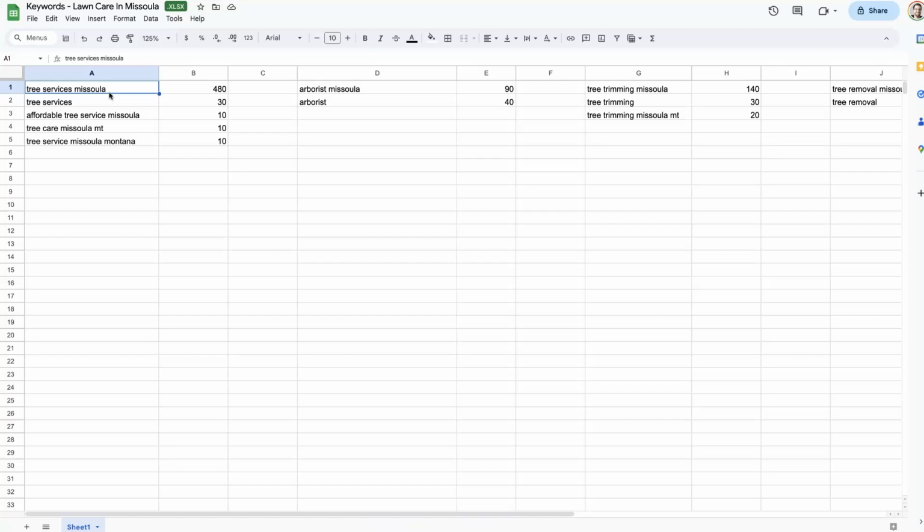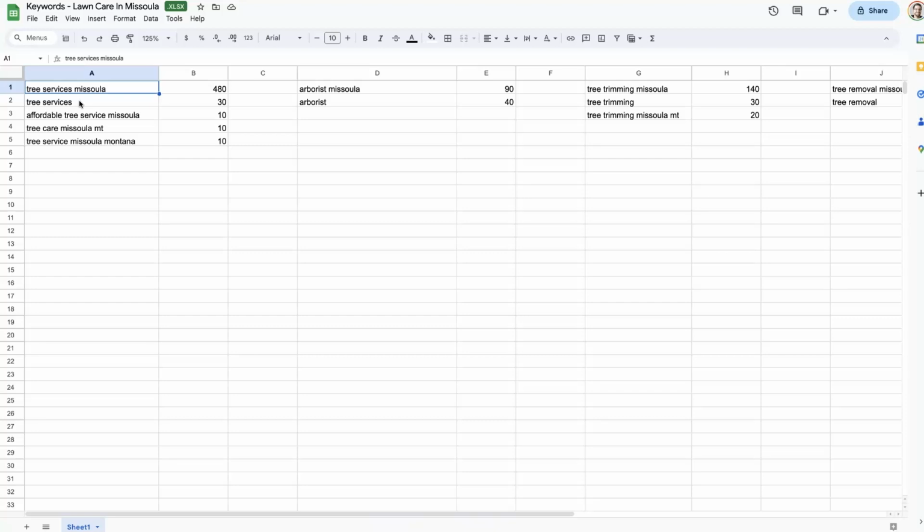When you're running search ads and you're targeting keywords, you got to think about the psychology of what the person is thinking about when they type that keyword into Google. So if they type in tree services Missoula, they see an ad that says, hey, we offer tree services in Missoula, call us today. They click on that and it goes to a page and it's like, Missoula's #1 tree service, call today. So you'd be like, whoa, well, I guess I better give them a call.